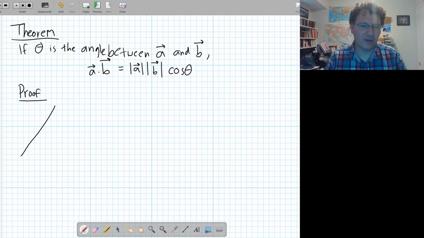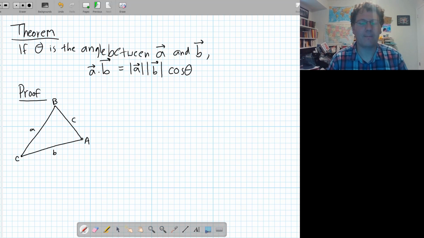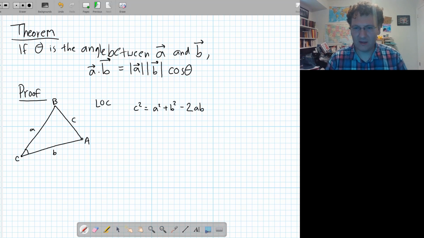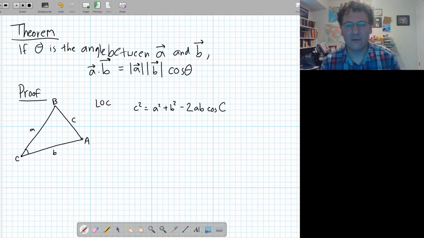I'm going to illustrate a little triangle here with sides C, A, and B. So the points would be, this is the point C, that's the point B, and this is the point A. Okay, so the law of cosines says that C squared equals A squared plus B squared minus 2AB times the cosine of angle C. This is the law of cosines relating to angle C.